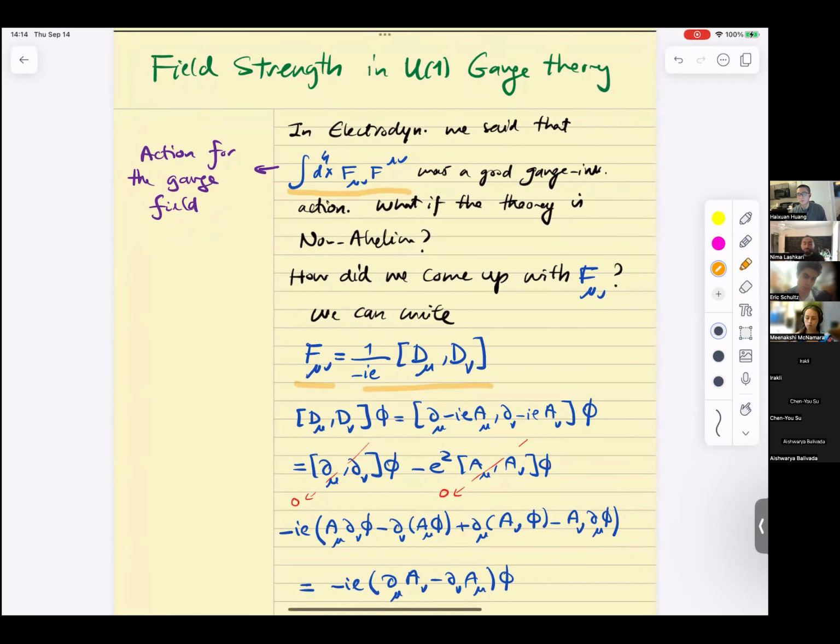The field strength can be understood as 1 over minus i e, where e is the charge, it's just normalization, times the commutator of the covariant derivative. This equation is the key relation between local symmetries and gauge invariance. So the gauge invariant term that we wrote for QED is actually nothing but the commutator of the covariant derivative we just defined.